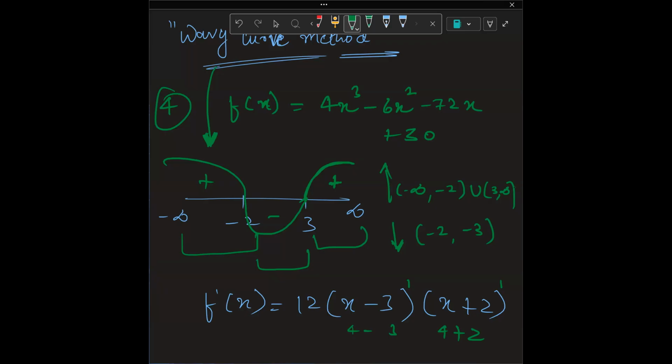Tell me. Tell me why this is open bracket.